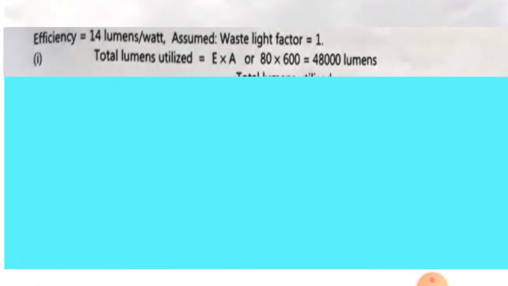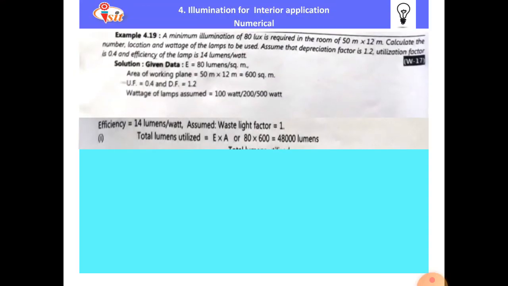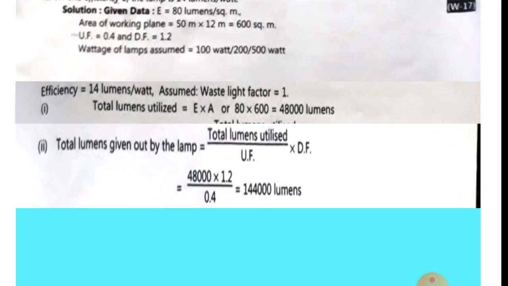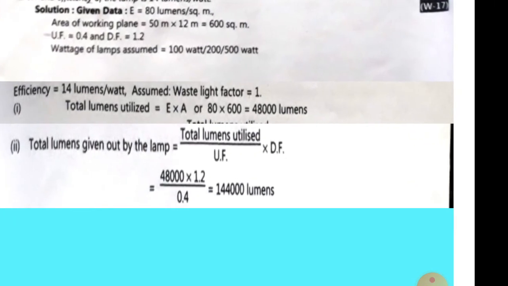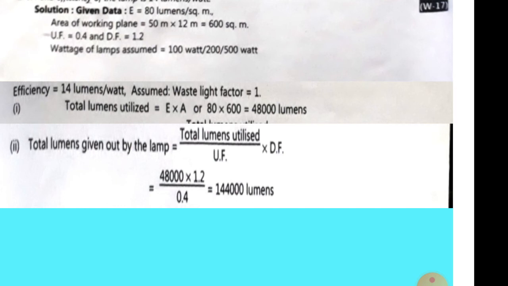Now the total lumens utilized we have to find out. So area into illumination required, that is 80 into 600, that is 48,000 lumens required. Total lumens given out by the lamp, considering the utilization factor and depreciation factor, is found by multiplying the total lumens utilized: 48,000 into 1.2 divided by 0.4. So it gives the value 1,44,000 lumens.